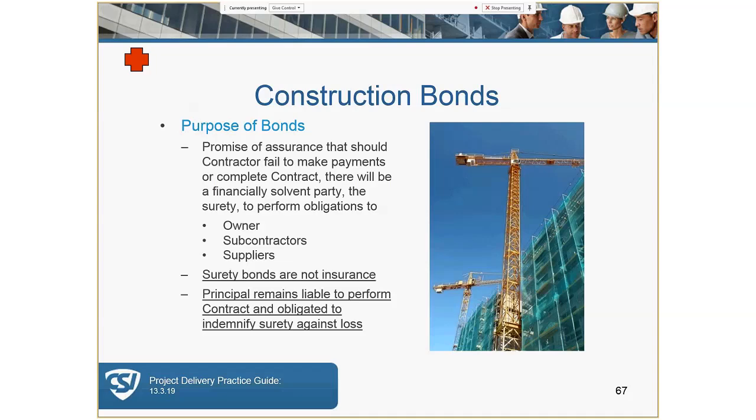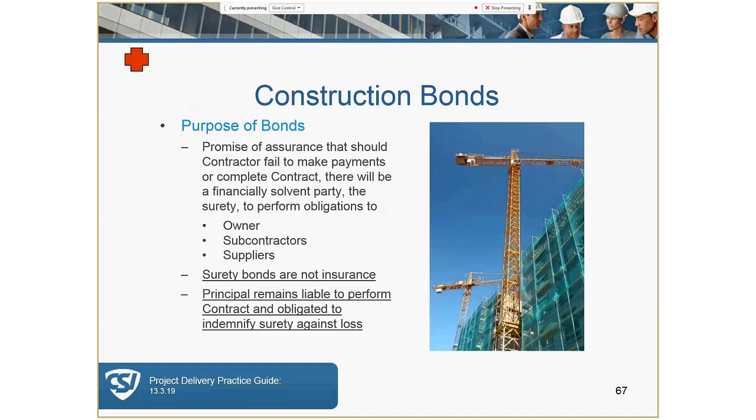The primary purpose of bonds is a promise of assurance that the contractor will perform, or that there's a backup entity that will ensure that the project is completed. Sort of like paying the second string NFL quarterback to stand on the sideline and be prepared to take over the game if the first string quarterback gets sacked or breaks an arm or both legs. So again, surety bonds are not insurance.